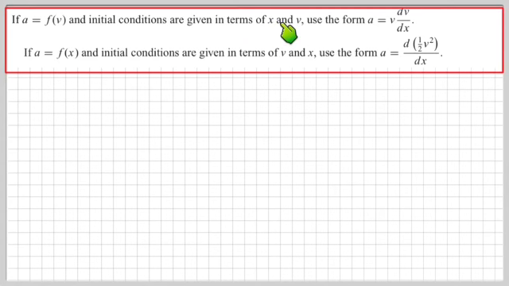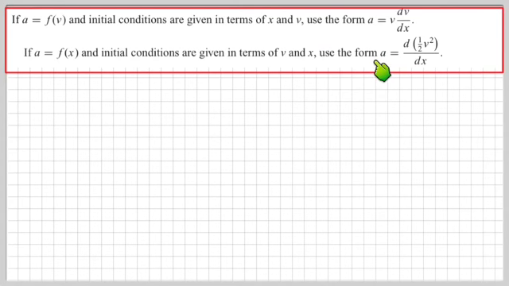So if the initial conditions are in terms of x and v, and a is written as a function of velocity, use this one, okay? If the initial conditions are again in terms of x and v, and this time the acceleration is written as a function of x, of displacement, that's when you use this one, okay?